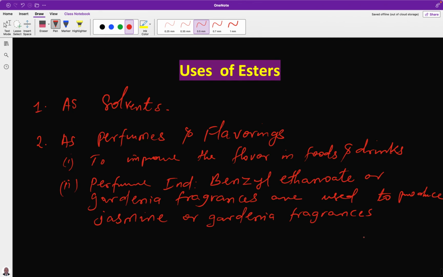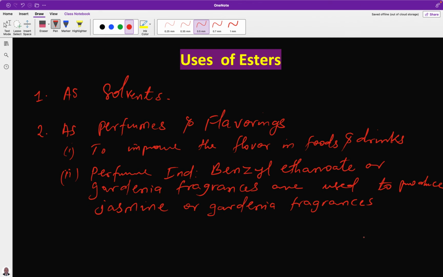And lastly, they are also used in flower industries, especially flowers with naturally occurring esters. These flowers are used in producing other flowers that have flavor, other things like that.